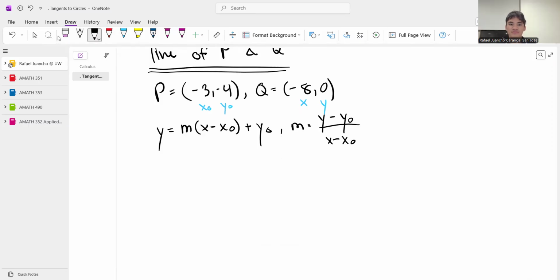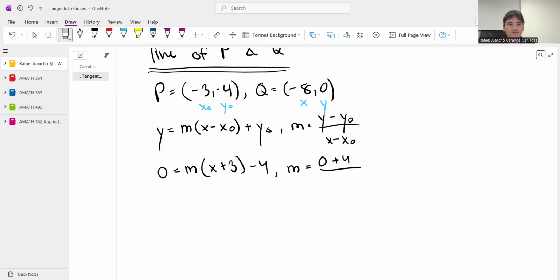Actually, we don't even need that. But let's just do it. So let's plug in. So y is 0, and then my m times x minus x naught, so that's x plus 3, plus y naught, so that's minus 4. And then my m is y minus y naught over x.